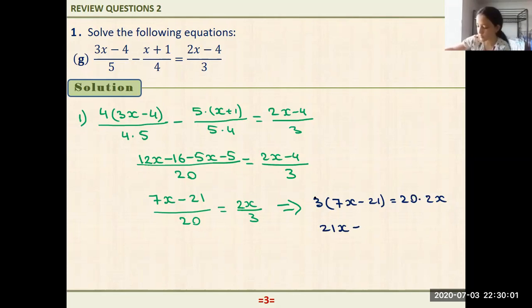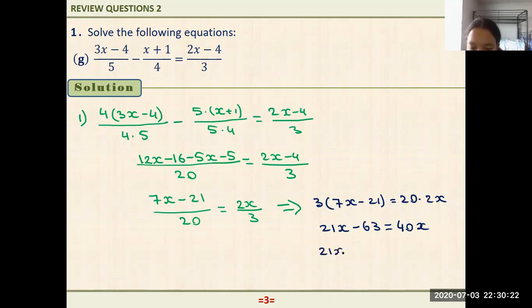Shahina, look, multiply like this. 3 times 1, 3. 3 times 2, 6. So it is 63. What is 20 times 2? 40. 40x. Good.